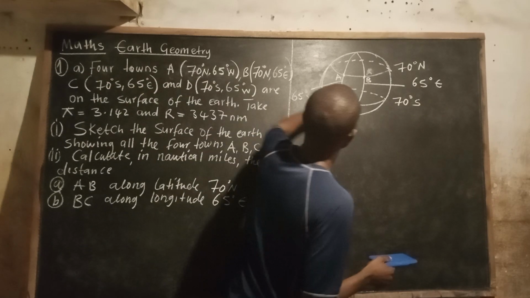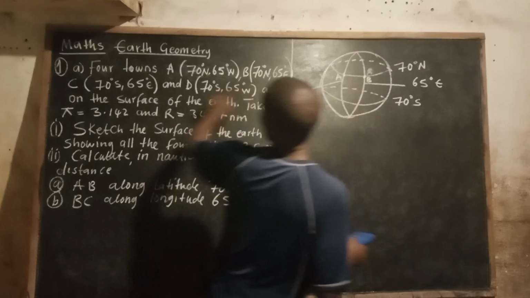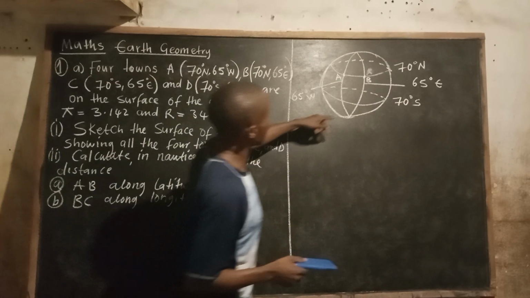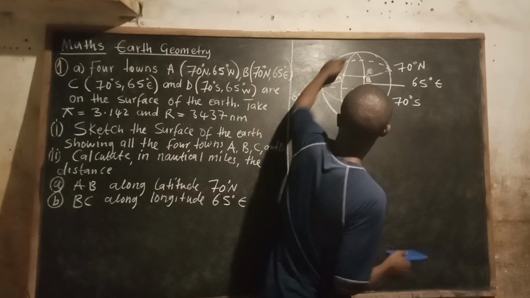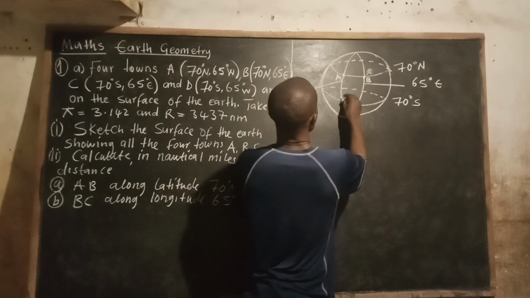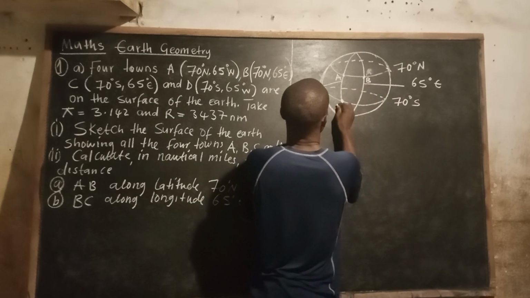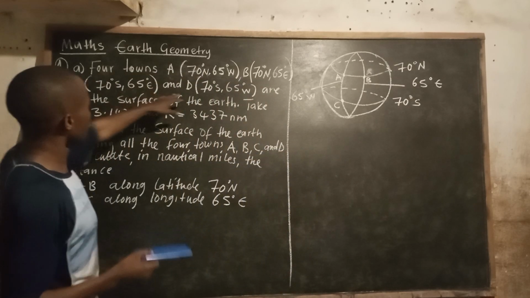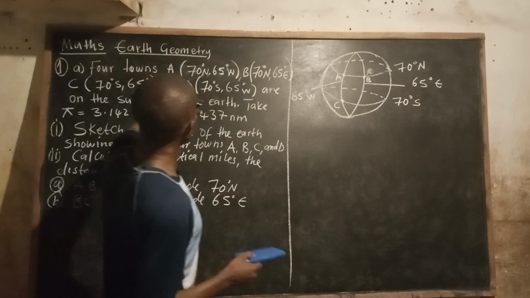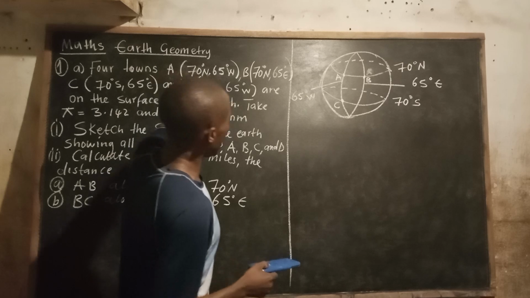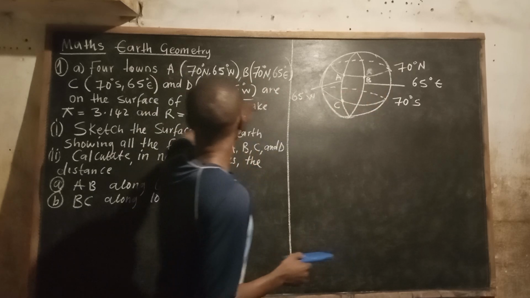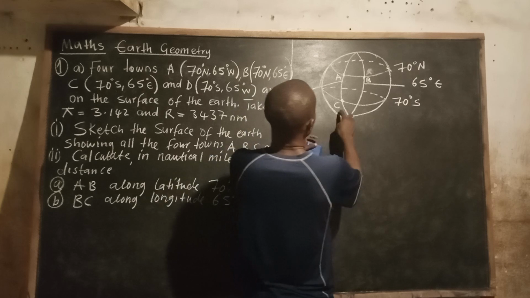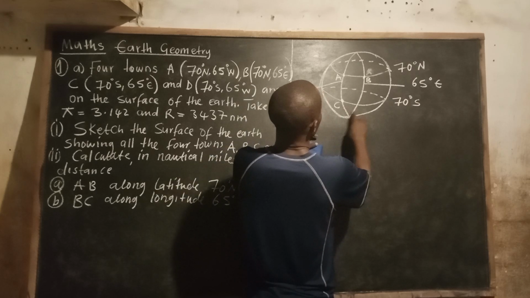Remember, the latitude is this one, 70 degrees south, then 65 degrees east. So that is point C. Then we come to the last one, D: 70 degrees south, this same line, 65 degrees west.